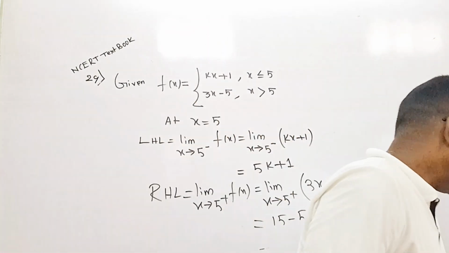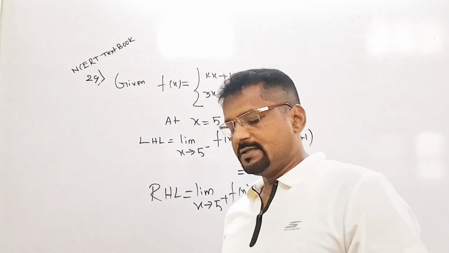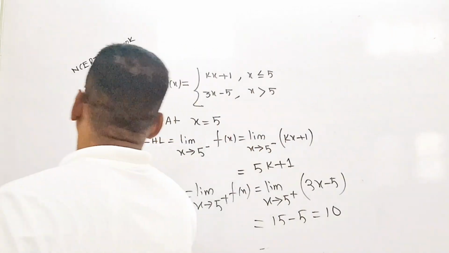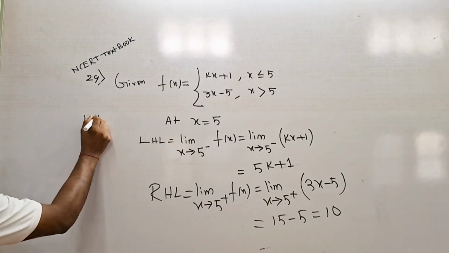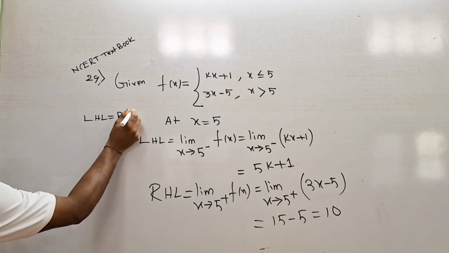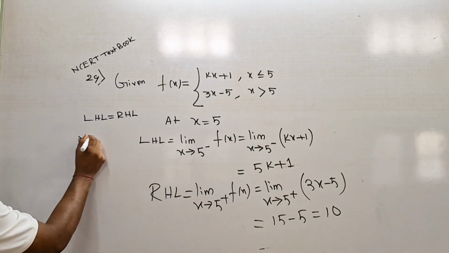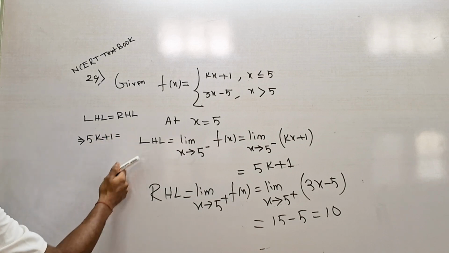As the function is continuous, left hand limit must be equal to right hand limit. So in your exam you have to write in a systematic way: as the function is continuous, LHL equal to RHL. That will give you left hand limit of what? 5k plus 1. And right hand limit what?